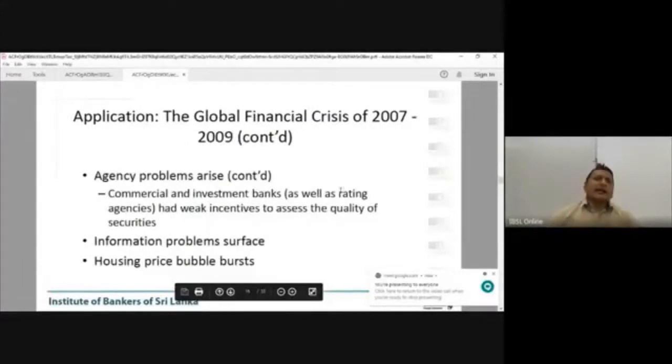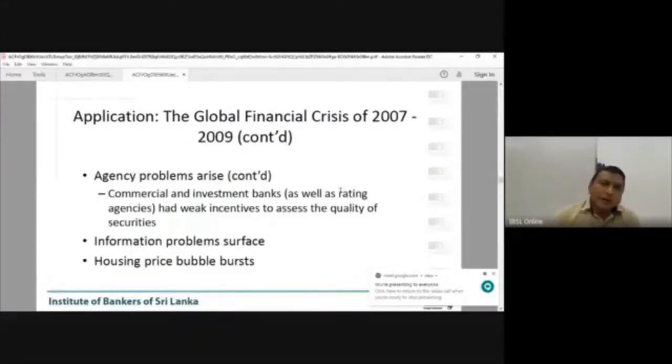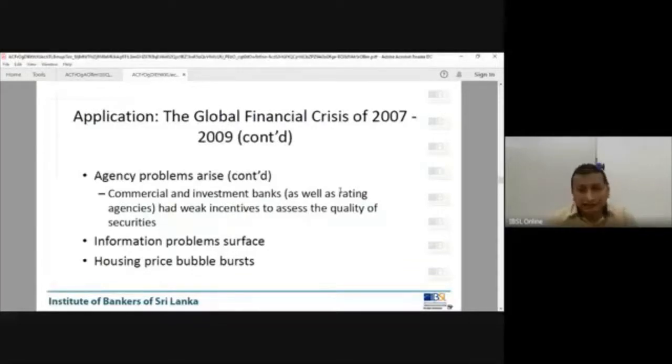So then, through these agency problems that we were discussing, the commercial and investment banks were not really worried about assessing the quality of securities that were pledged. Because if you are in circumstances where prices are increasing, and you see that the assets being pledged for the financial facilities that you extend are rising in value, you don't necessarily undertake serious quality assessment exercises.